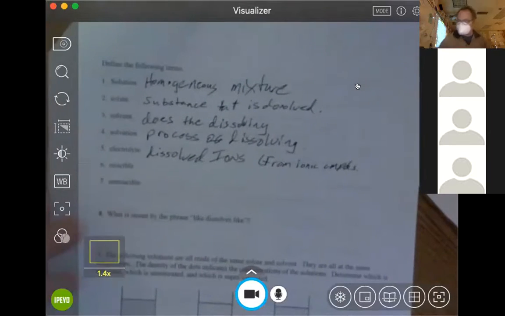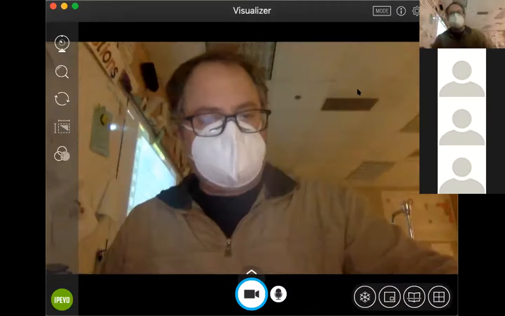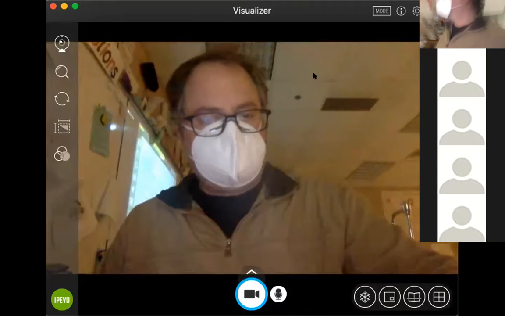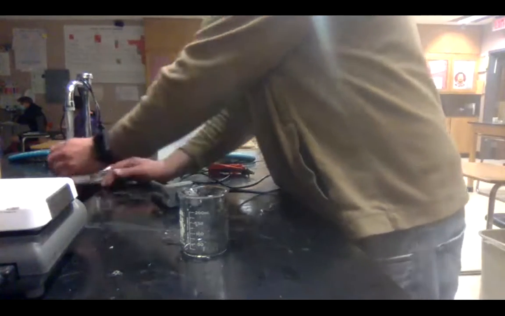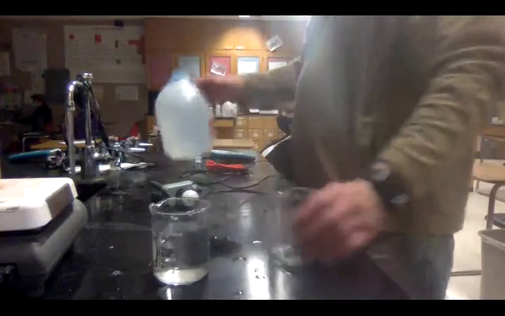Let's take a look at why these are called electrolytes. Here I have hot water, and here I have distilled water.